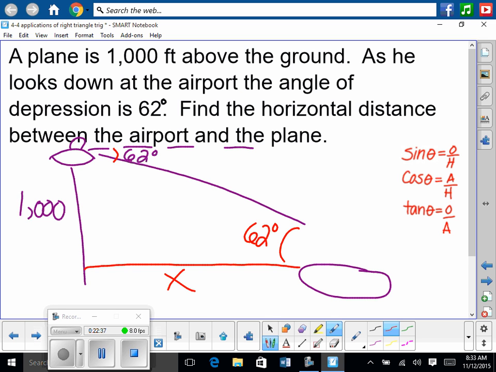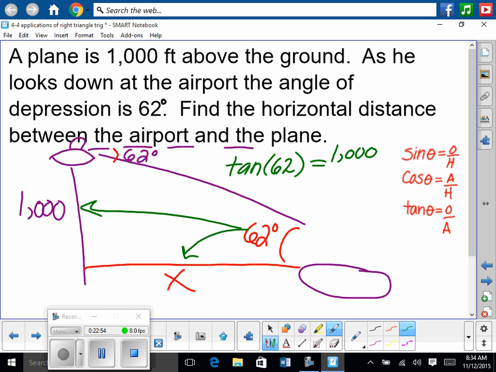And now we can go ahead and set up a trig ratio. So we're going to be using opposite and adjacent, which is tangent. So we'll say tangent of 62 is equal to the opposite, which is 1,000, over x, which is adjacent.